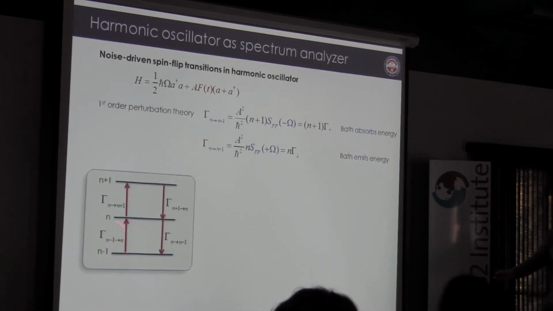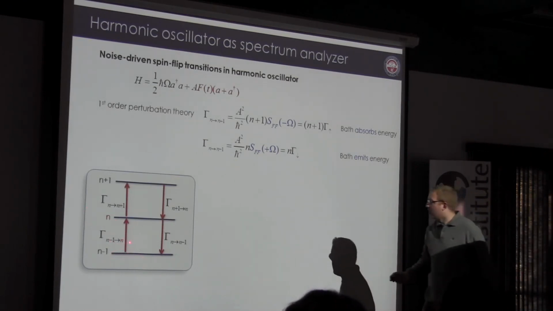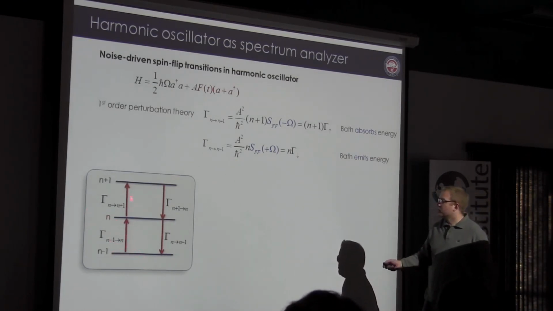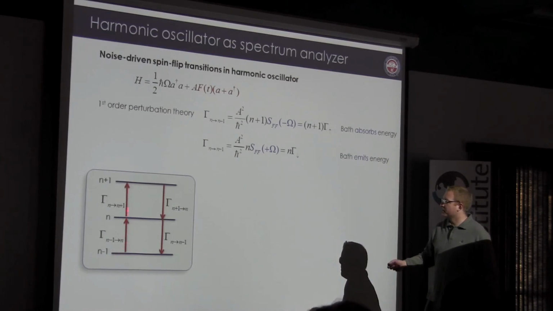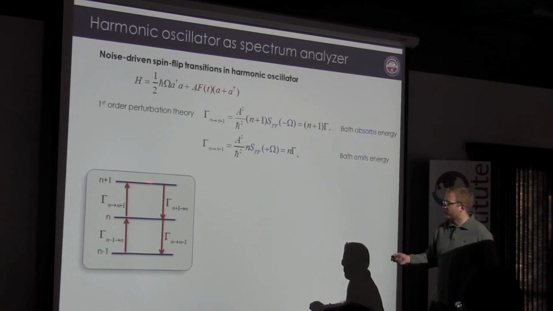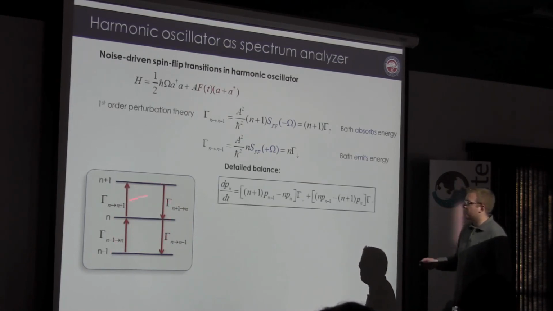With this picture here, I basically look at the transitions between different populations. This gives me a rate reaction picture, and I can do detailed balance on this.